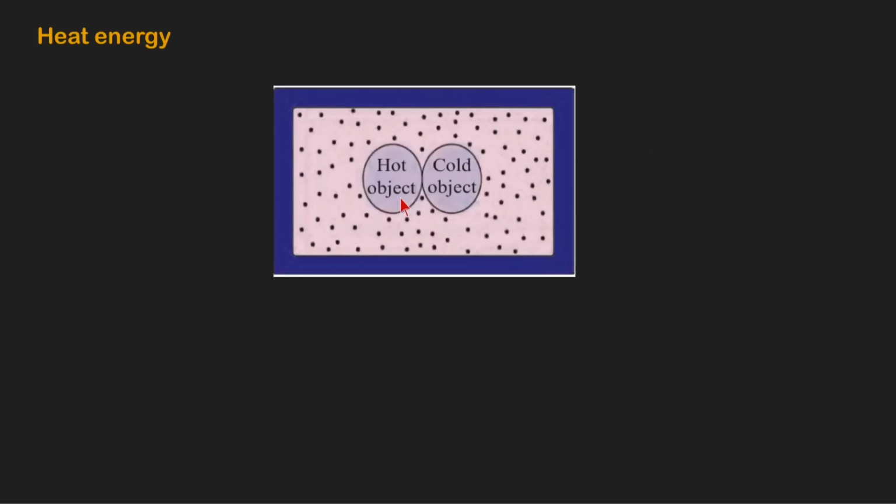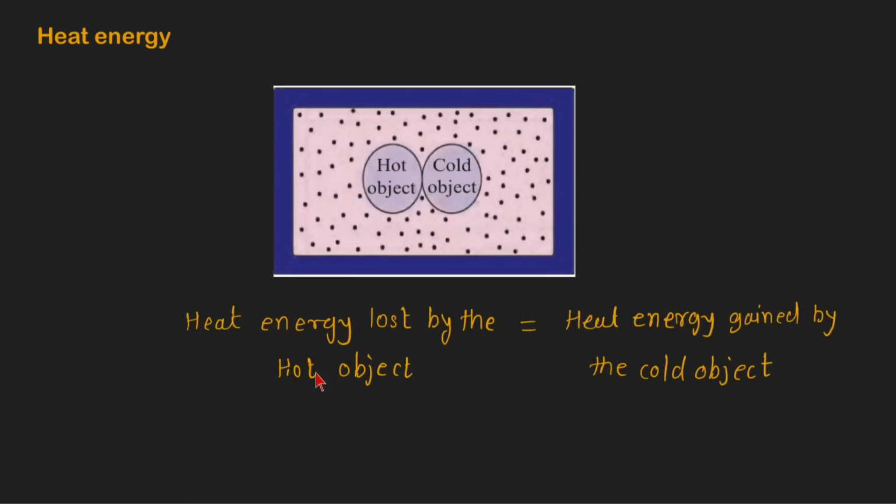Now when the system is isolated, the heat energy lost by the hot object is equal to the heat energy gained by the cold object. Okay, this is the principle of heat exchange.